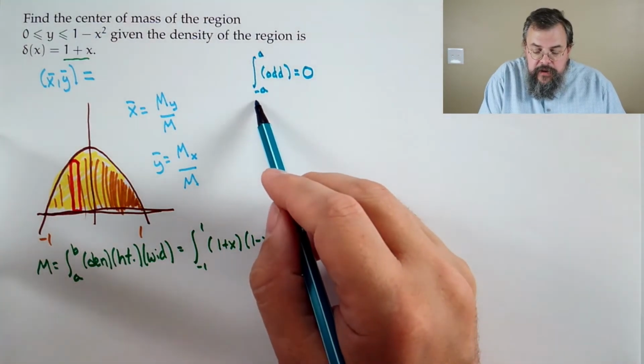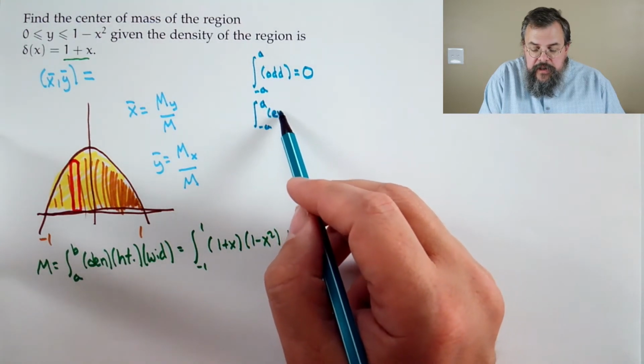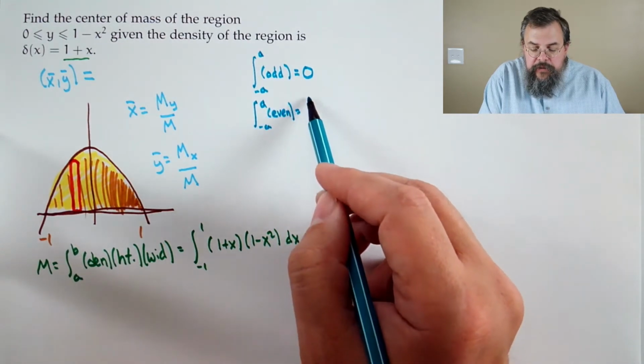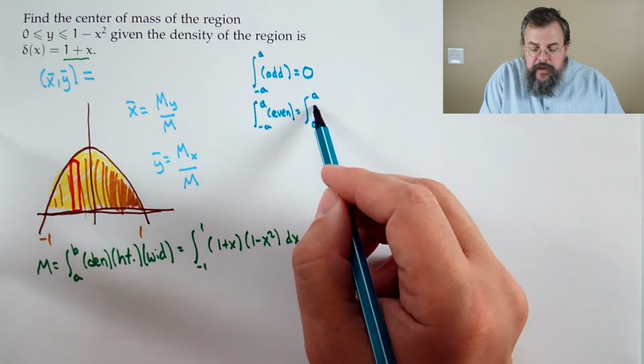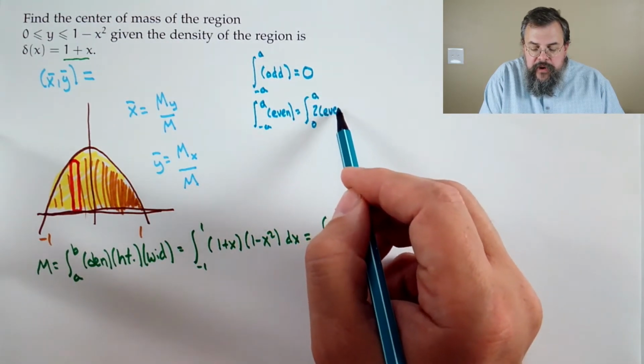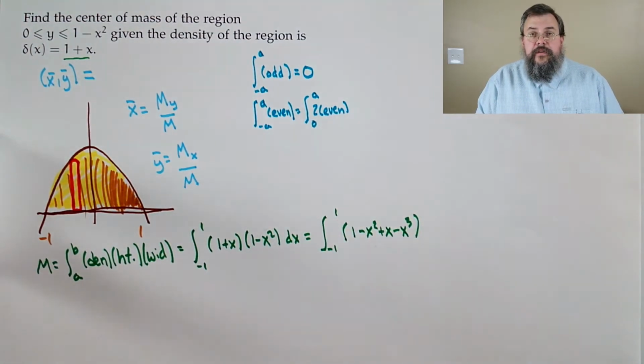If I'm doing the integral from negative a to positive a of an even function, I really just have to go from 0 to a and double. An even function is something like cosine or x squared.